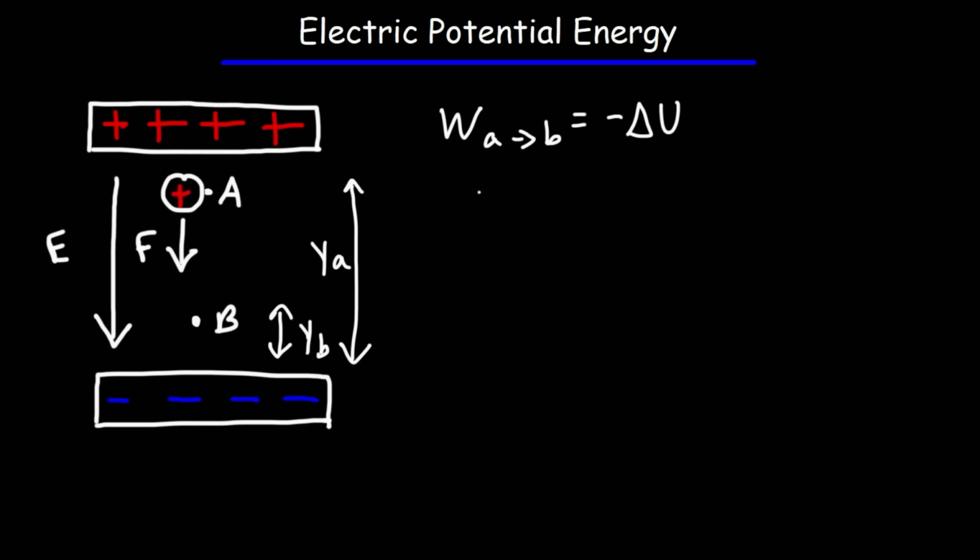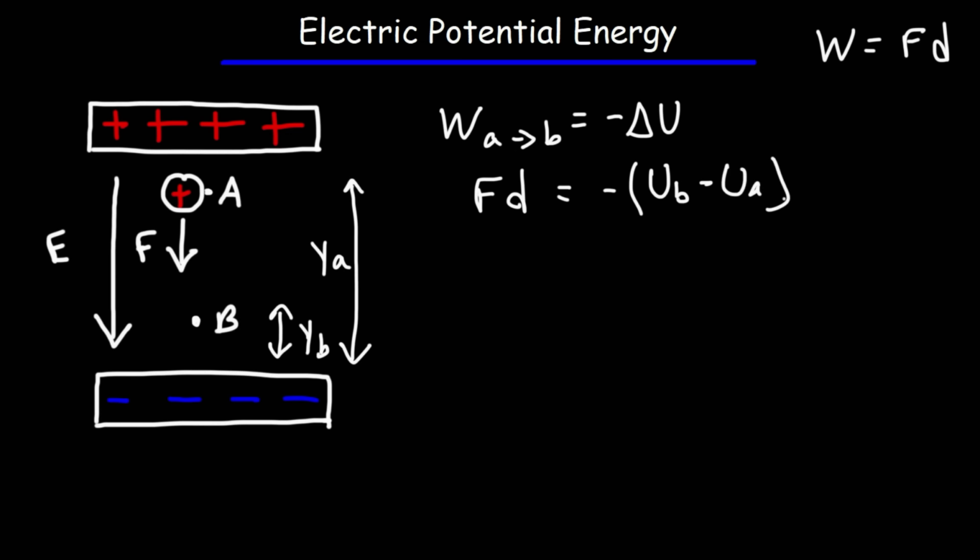Now we know that the work is equal to the force times the displacement. And going from A to B, we have the change in potential energy, so final minus initial. The final potential energy will be at B, and the initial electric potential energy will be at A. Now the electric force is equal to the magnitude of the electric field times the charge.